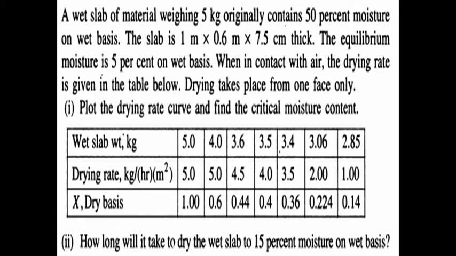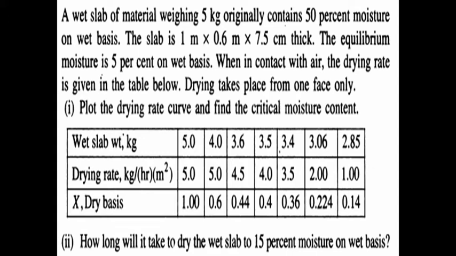Why? Because small x is taken as wet basis moisture content. The slab is 1 meter by 0.6 meter by 7.5 centimeter thickness. Area of the slab is 1 meter times 0.6 meter, that is equal to 0.6 meter square.